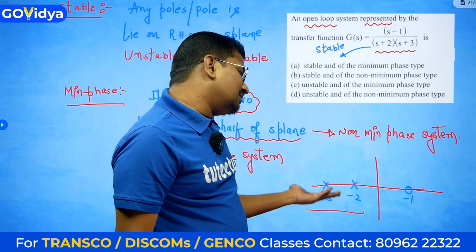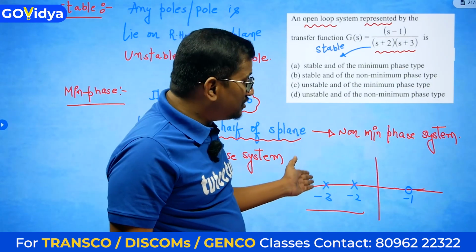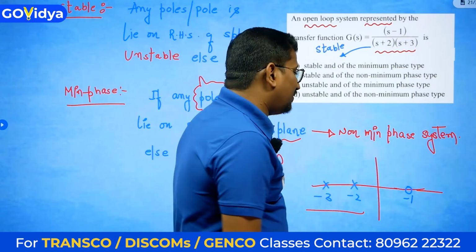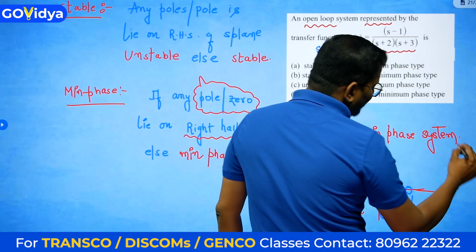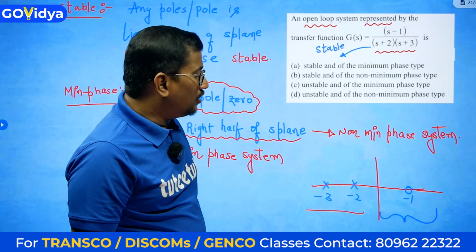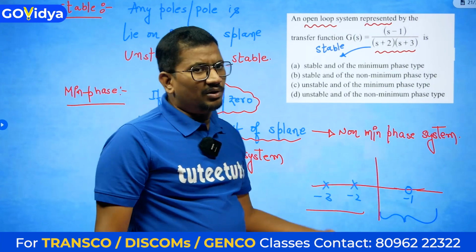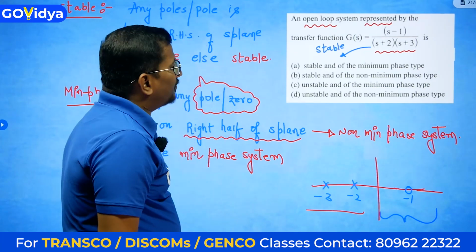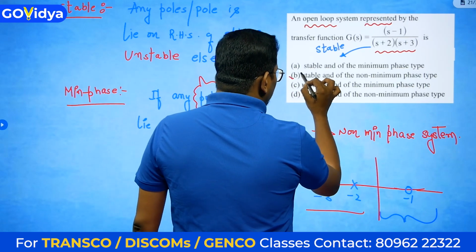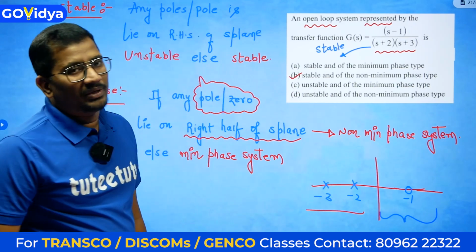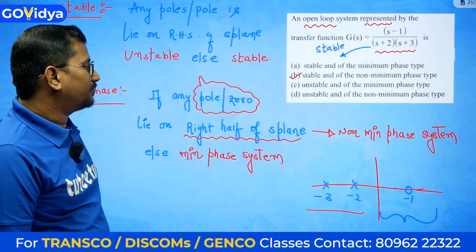But the problem is one zero is lying on the right hand side. Therefore, we cannot say the given system is a minimum phase system. It is a non-minimum phase system, and zeros will not affect the stability of the system. So I can say it is stable and non-minimum phase.